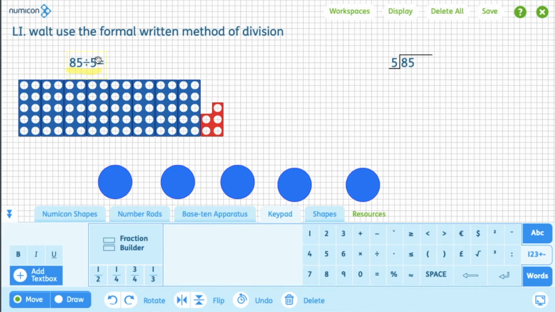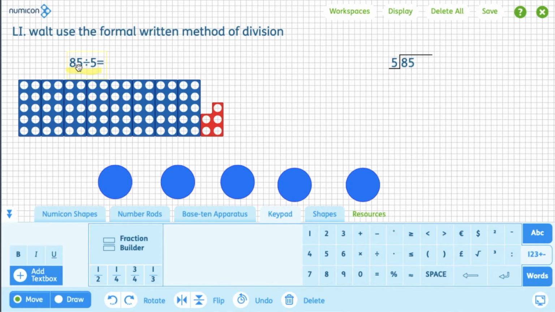Now, in all other formal written methods, we always start with the units first, or the lowest value column. Division is different. We always start with the highest value column, which seems strange, but I'm just going to illustrate with place value shapes.